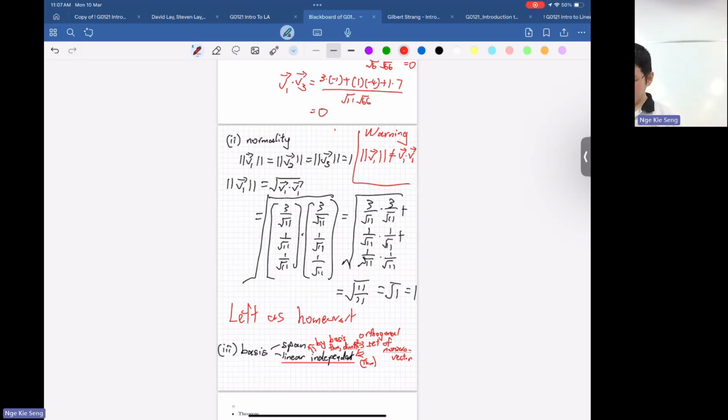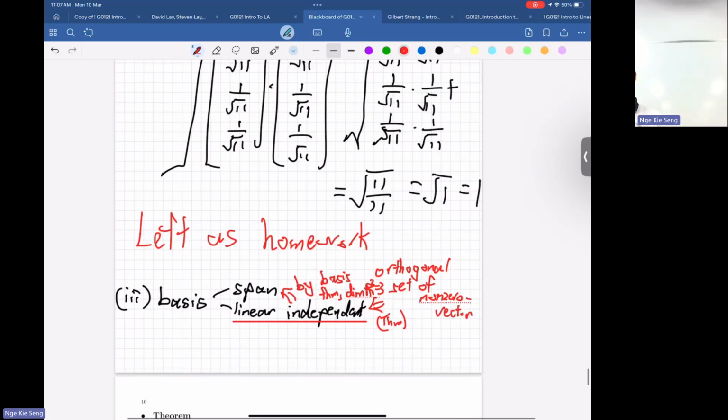And then the basis will follow easily. Because we checked that the 3 vectors are orthogonal, they are linearly independent. And then we know that R3 has dimension 3. So that's it.